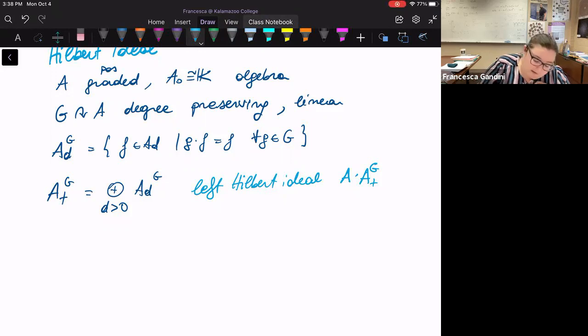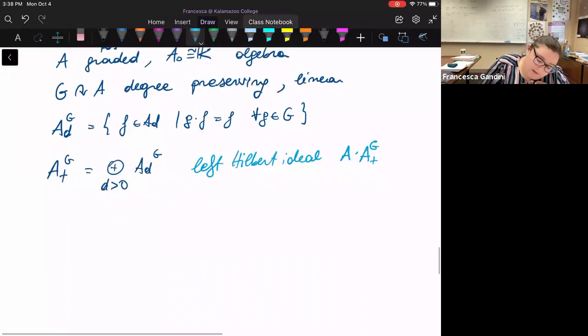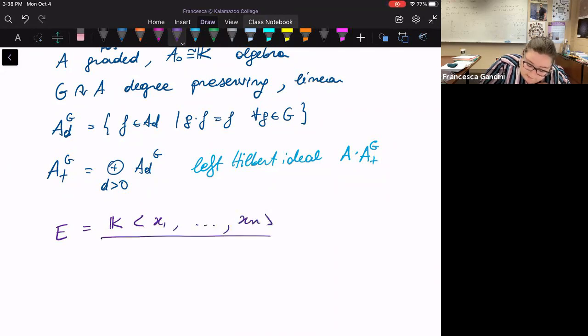So the upshot of this construction is that if you consider the exterior algebra, which is a graded algebra, you can think about it as the algebra generated by x1 to xn, modded out by the relations xi xj plus xj xi for all i, j, possibly equal to each other.